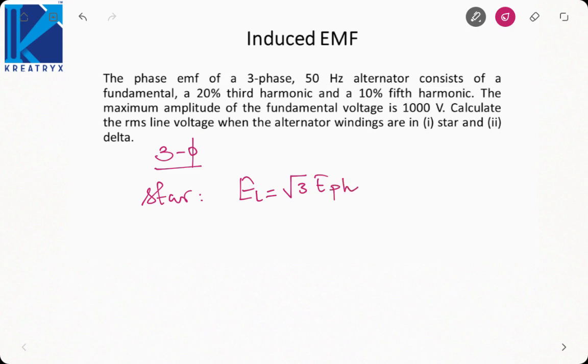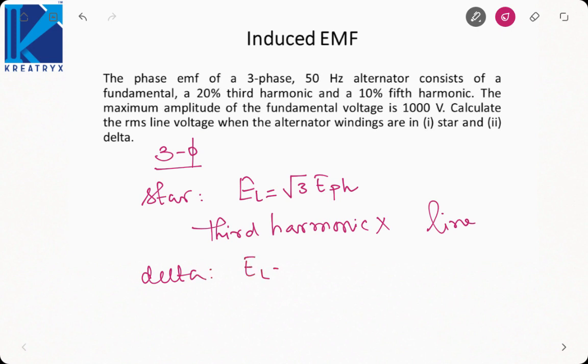Also, you have to remember that third harmonic is absent from line voltage. It will get cancelled out in line voltage, but it can be present in phase voltage. Whereas in delta connection, line voltage is equal to phase voltage, so third harmonic can be present in line as well as the phase voltage.